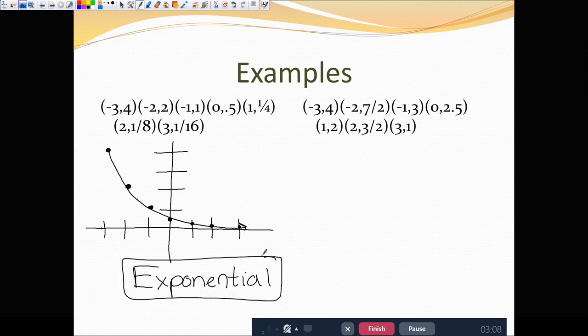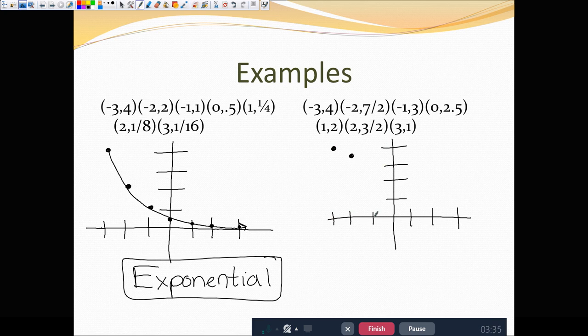All right, so now we're going to look at the next one. Okay, so at -3, I'm at 4. At -2, I'm at 7/2, which is 3.5.